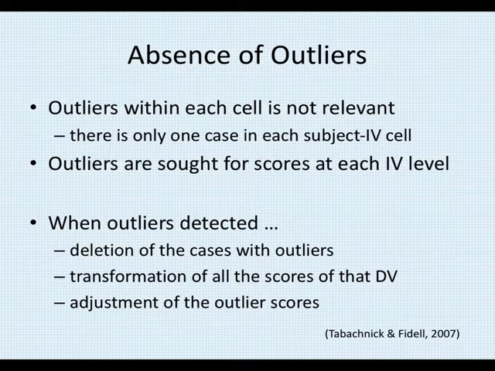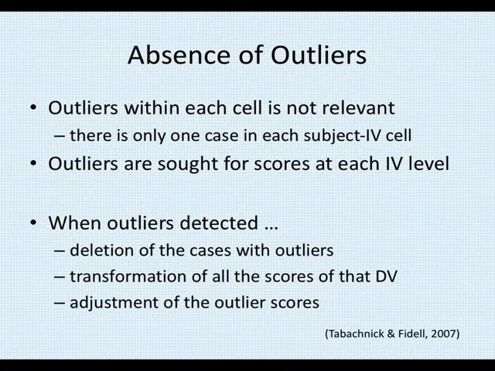One way is to take it out, but of course we'll just be removing the whole case. And the other one is we can transform the scores. So if there's an outlier here, we can transform, but if we transform a certain variable, we transform the whole DV, the DV for all of the cases.